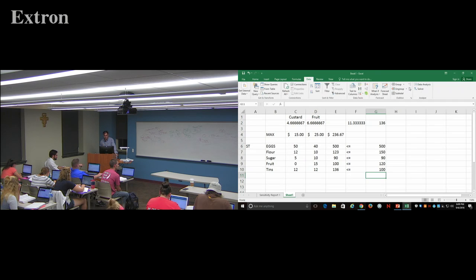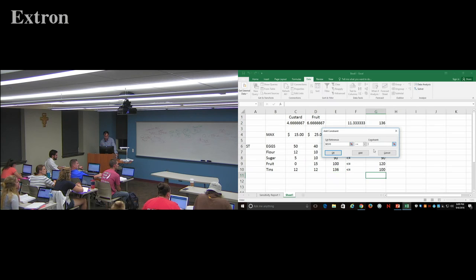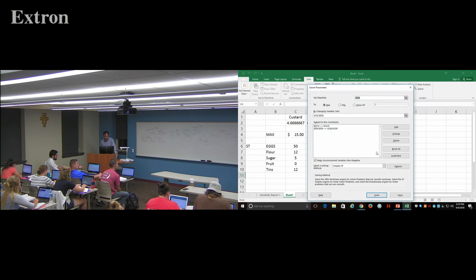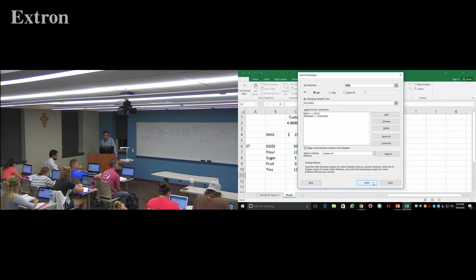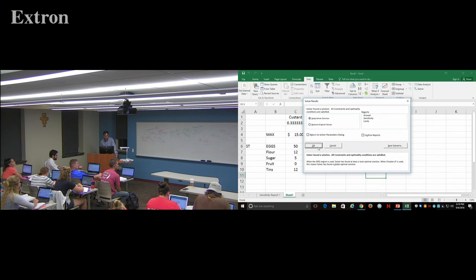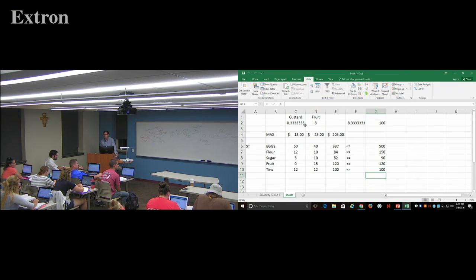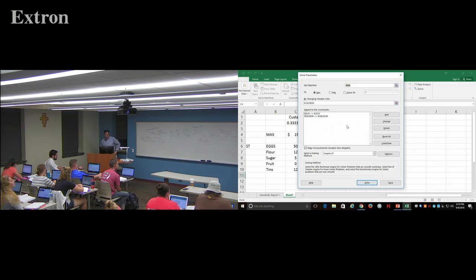So if I go to Solver, and I tell it about that new constraint, B10 less than B10, very good. I click solve. It's definitely going to give me another solution, and it's going to lower my amount. Remember, because I'm constraining myself more. All right, I'm going to get rid of that constraint.